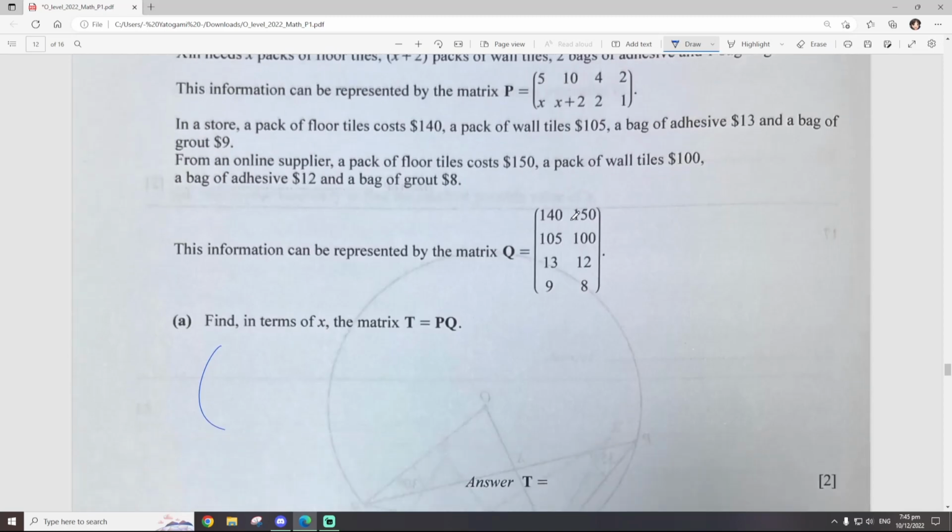So it's a bit painful, but we can go through it. So we have 5 times 140 plus 10 times 105 plus 4 times 13 plus 2 times 9 times 2. Okay. Which is 1,820, I believe. Actually, I wrote down the answers anyway.